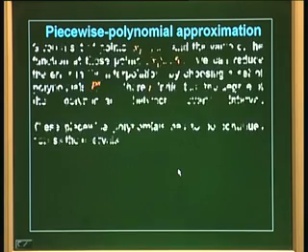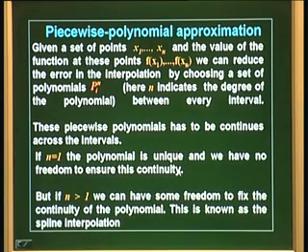Coming back to the piecewise polynomial approximation, if you are given a set of n points, 1 to n, and we have the function values at all these points, then for every interval, that is x1 to x2, x2 to x3, x3 to x4, etc., we will construct a polynomial. These polynomials have to be continuous across the intervals, otherwise it is not correct.